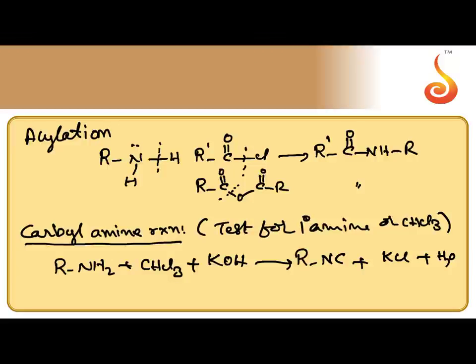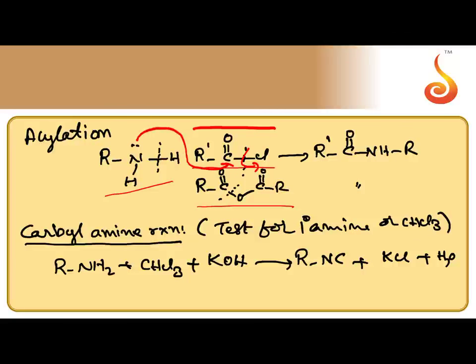Next, other chemical properties of amines. It undergoes acylation. When amine is reacted with an acylating agent, as an acylating agent we can take acid chloride or acid anhydride. This is nucleophilic acyl substitution reaction.